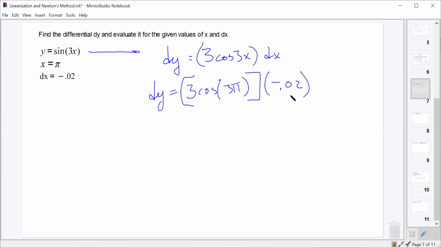And what's the cosine of 3 pi? It's the same as the cosine of pi, right? And the cosine of pi is negative 1. So we've got 3 times negative 1 times negative 0.02. And that gives us a positive 0.06. Everybody good there or no?